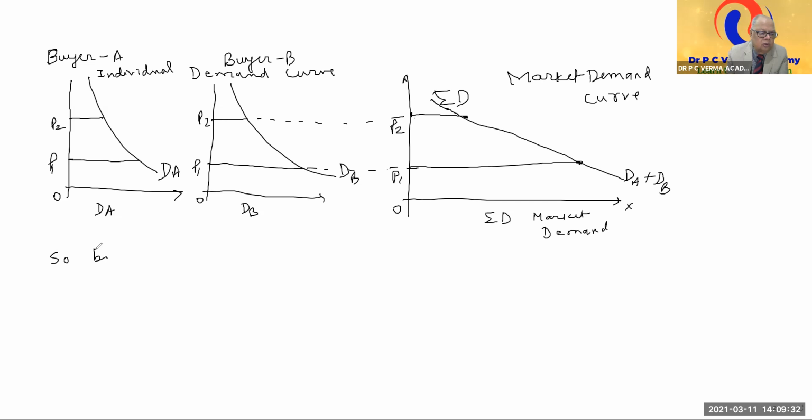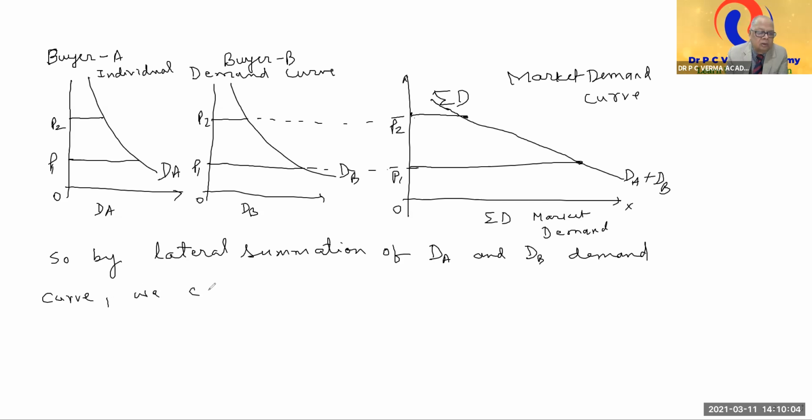So by lateral summation of DA and DB demand curve, we can derive market demand.